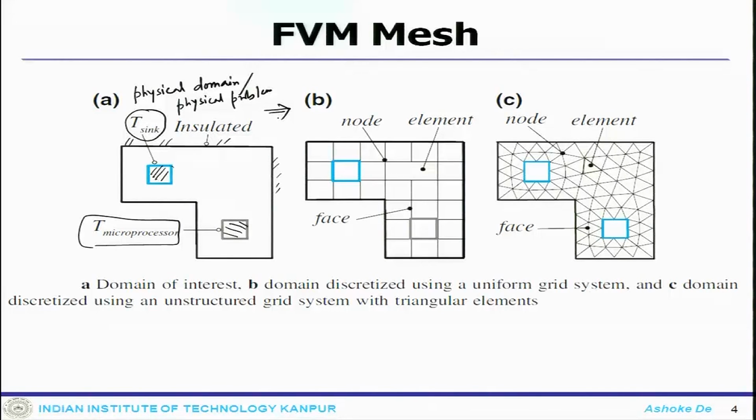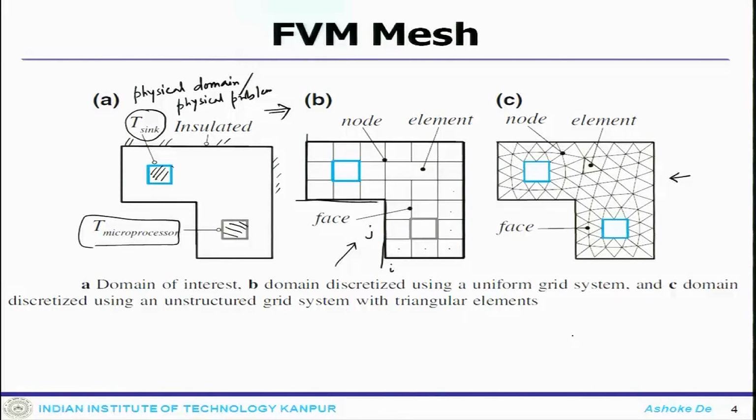Now, there are different ways one can do this. The simplest way, since it is a rectangular surface, is to generate rectangular elements as shown here, which is a structured mesh, and the beauty of this is that all these faces are properly accounted for, and one can keep track of these elements very nicely through their i, j locations. And these faces are all going to be the boundary faces. Or the other way is that one can generate an unstructured mesh.